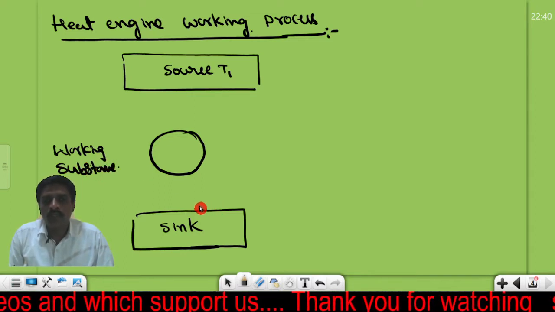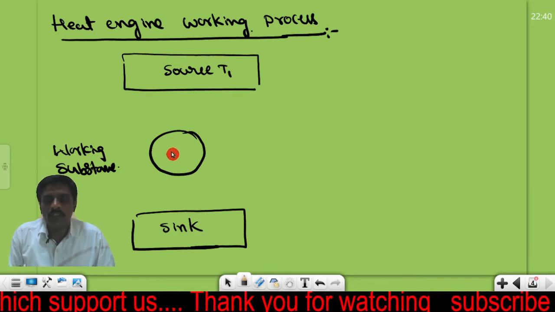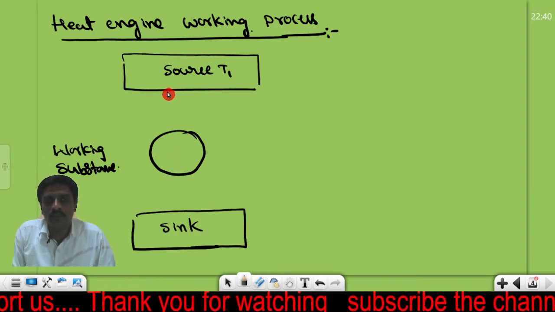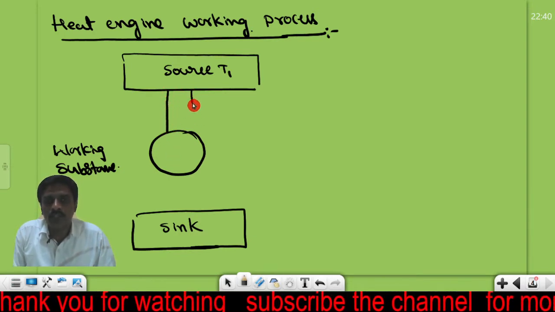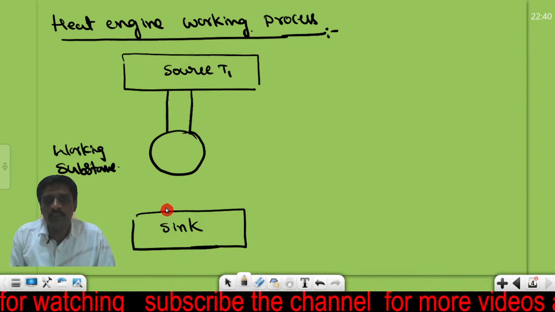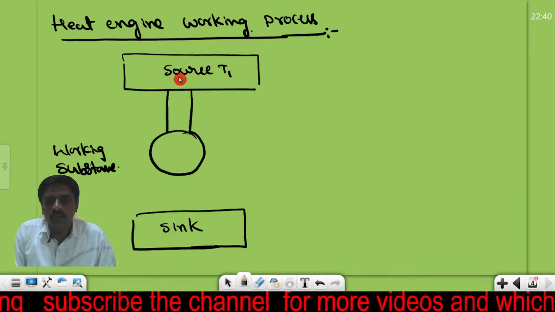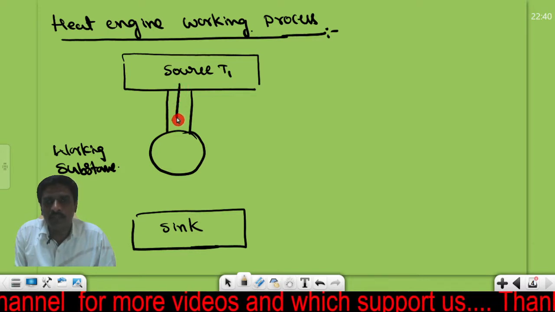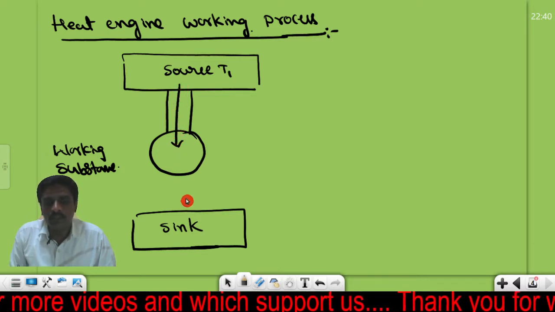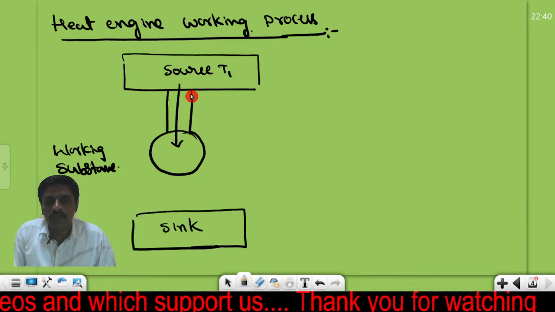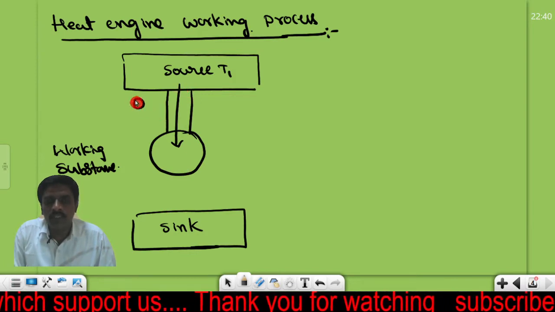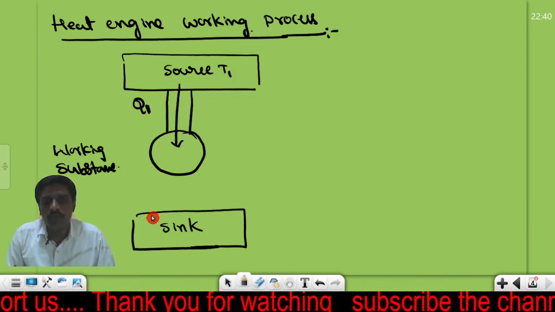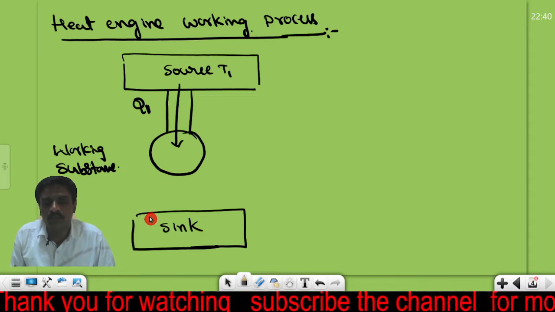First, the working substance is connected with the source. Due to contact with the high temperature of the source, some of the heat energy will be absorbed by the working substance. That absorbed heat energy is denoted Q1.